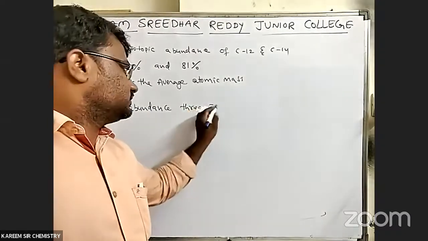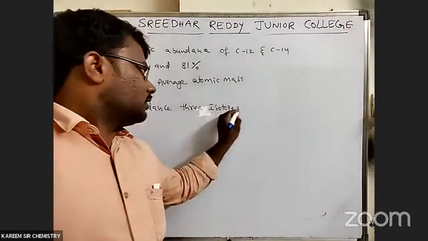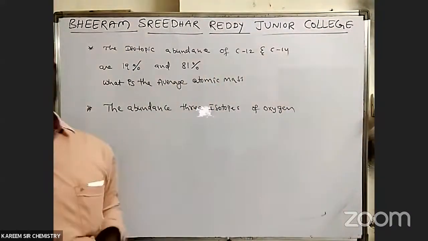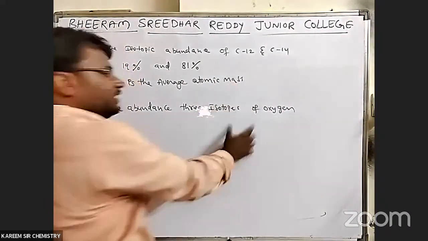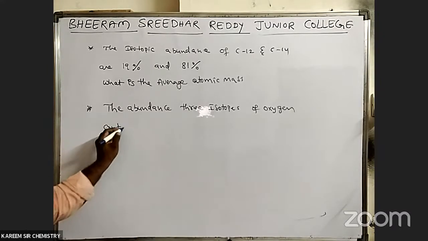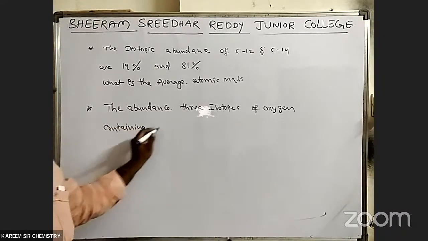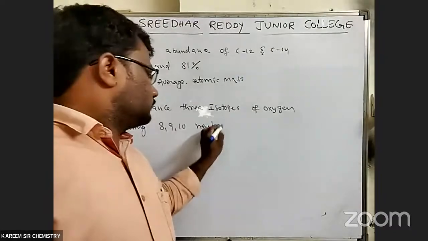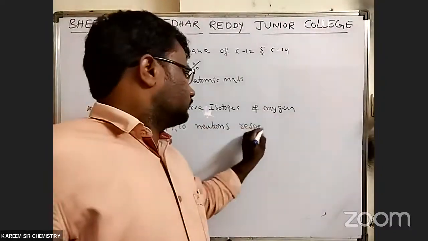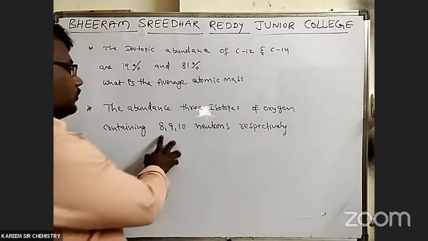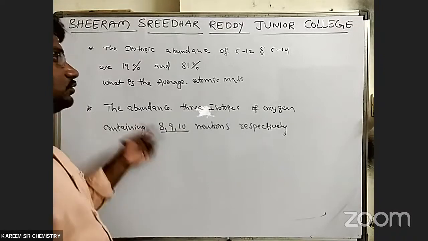Here only two isotopes of carbon, here three isotopes of oxygen containing 8, 9, 10 neutrons respectively. By using this neutron number, we should know the mass.